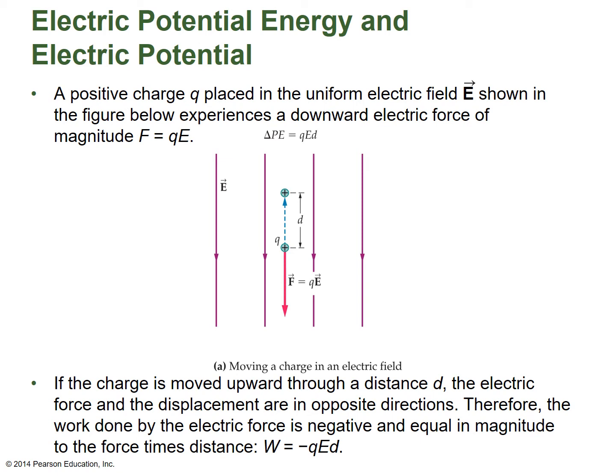Therefore, the work done by the electric force is negative and equal in magnitude to the force times the distance. So the work is given as minus QE, which is the force, times d. The negative sign comes from the 180 degree angle between the force and the displacement.